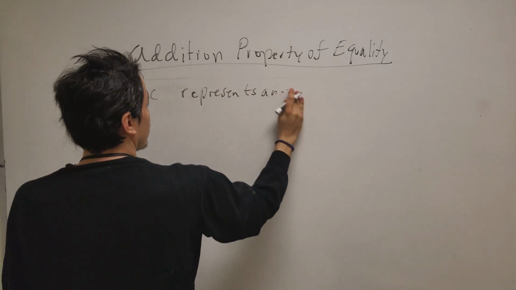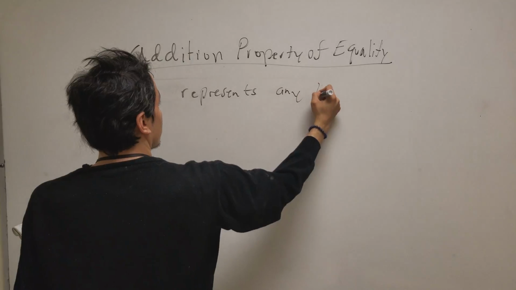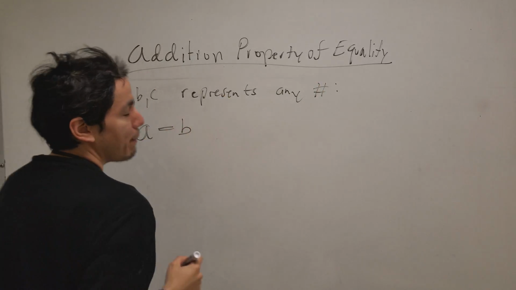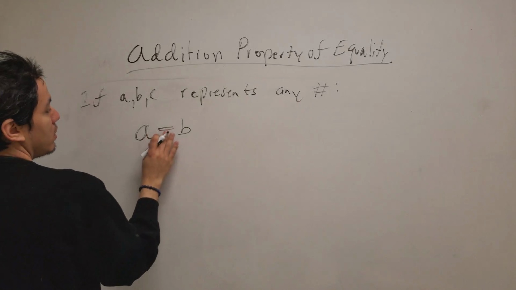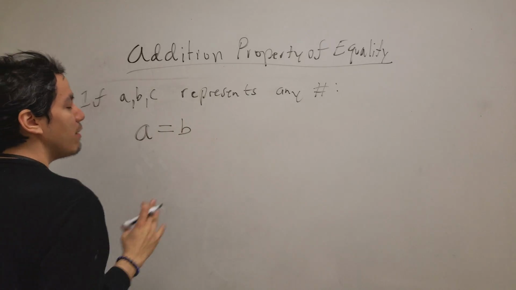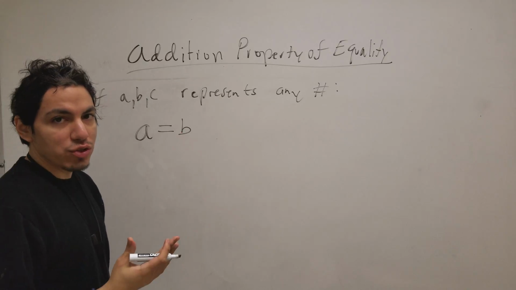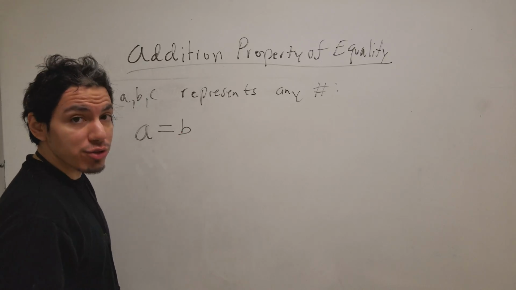Therefore, if I say A equals B, right? If everything was truly equal, whatever you do to one side of the equation, you should be able to do it on the other side.